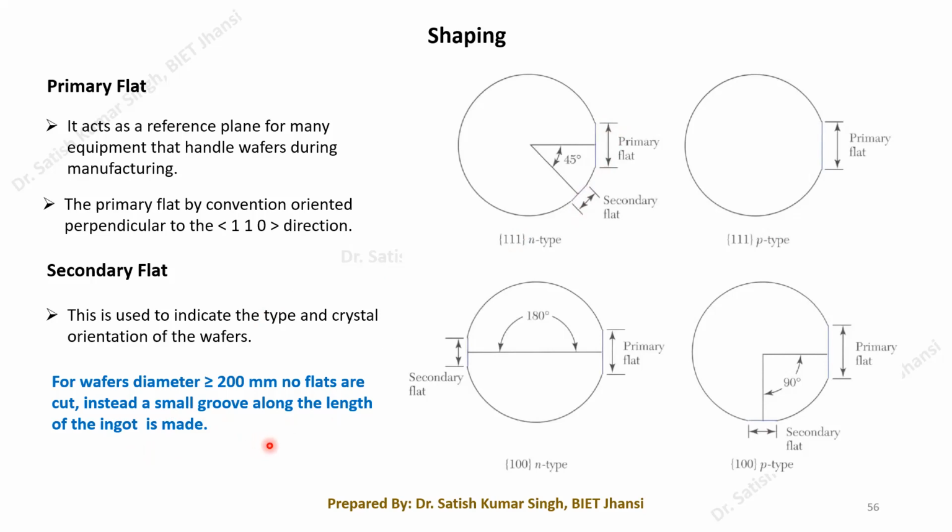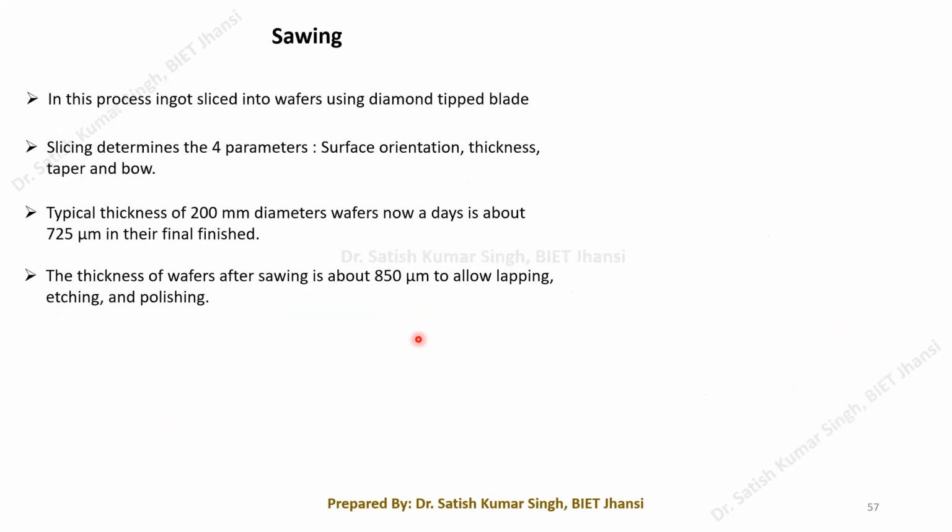Now, after the shaping process, what we have done so far is make the diameter of the ingot uniform, and make the flat regions to identify the orientation and type of the wafer. After the shaping process we move on to the sawing process.